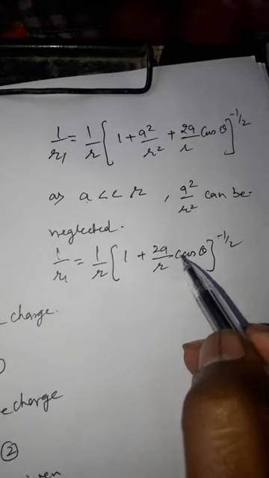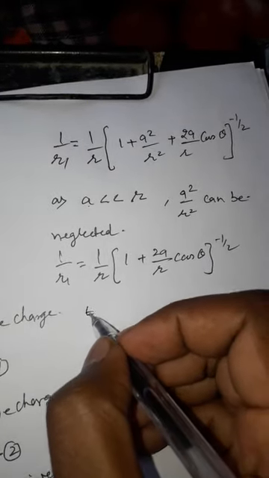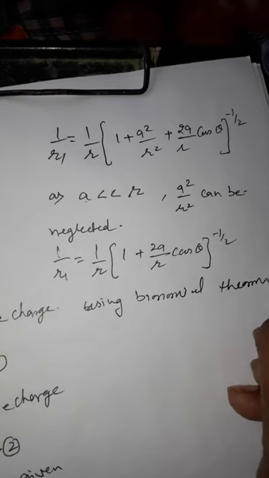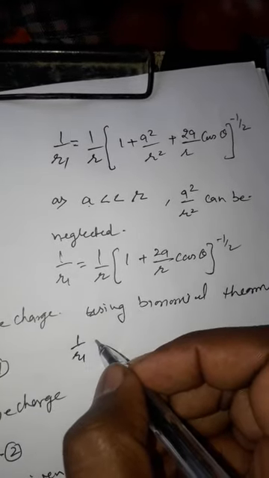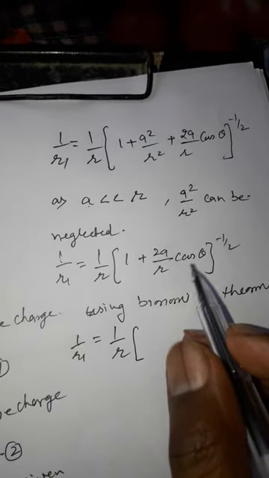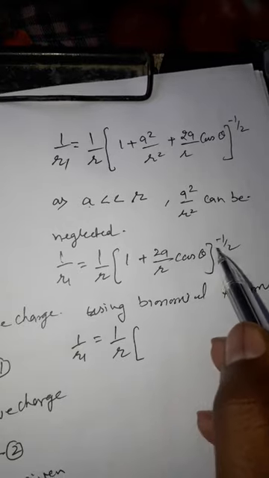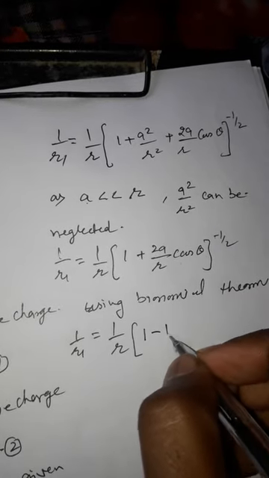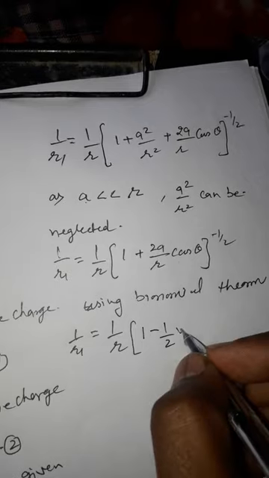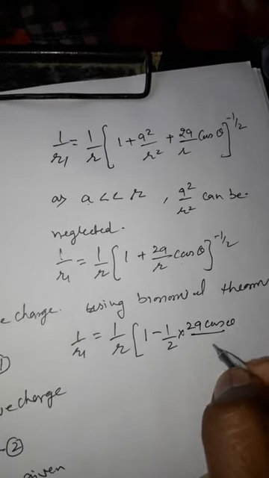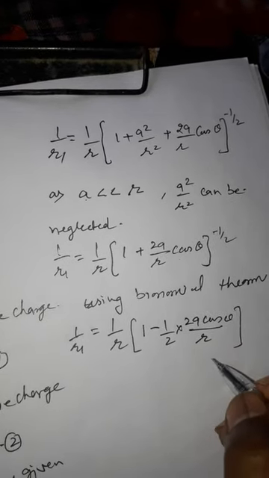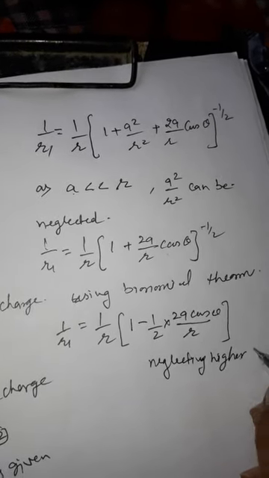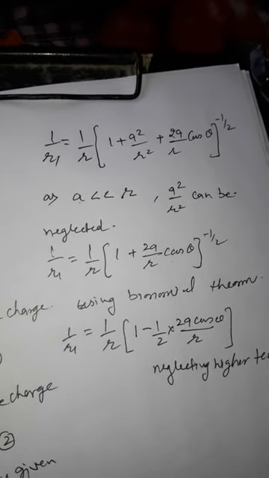Now as this vector is small, using the binomial theorem we get 1 by r1 equal to 1 upon r into, using binomial, that is 1 plus x raised to power n becomes 1 plus n x, where n is minus 1 by 2 and x is 2a cos theta upon r, neglecting the higher terms, because higher terms are very small compared to this quantity.